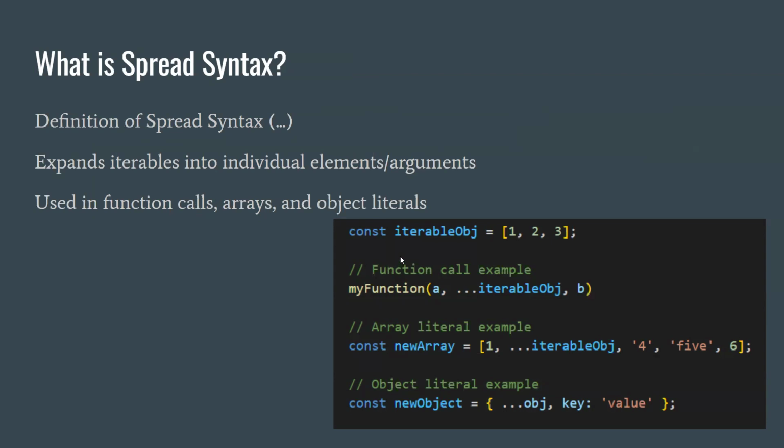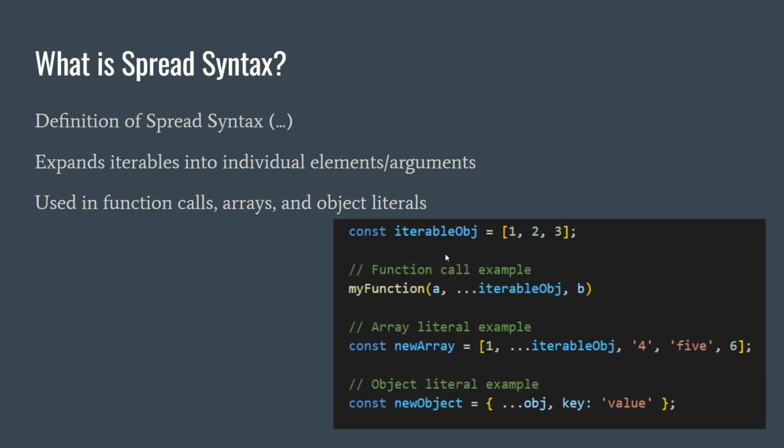This can be incredibly useful in various situations, such as when passing an array of values to a function expecting separate arguments, or when constructing new arrays or objects. The syntax itself is straightforward, using 3 consecutive dots followed by the iterable object.